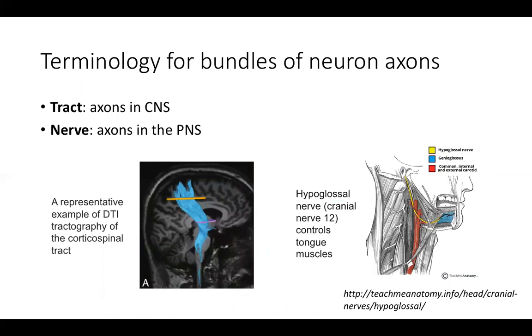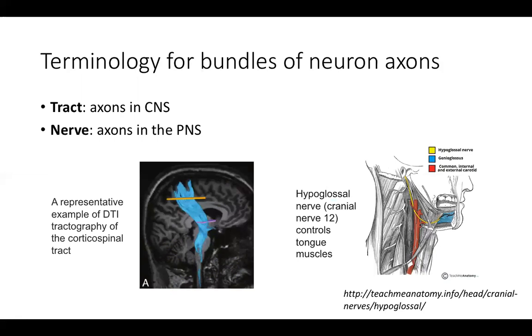For the terminology for bundles of neuron axons, I've included, again, similar as before, a division for central nervous system axons and peripheral nervous system axons. So when we're talking about central nervous system axons, we call that a tract.